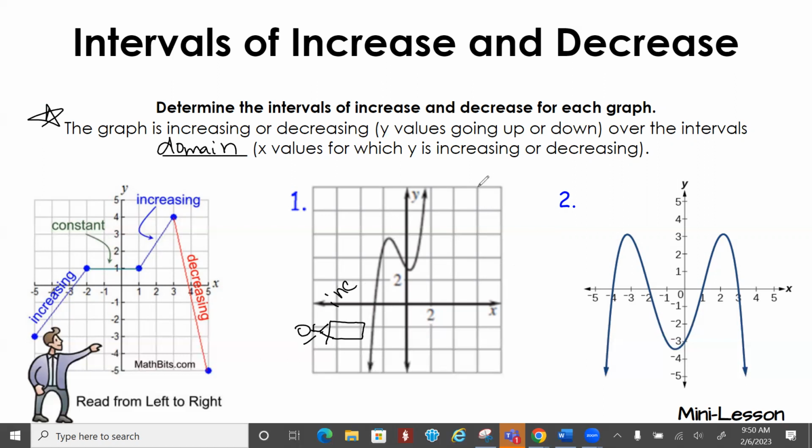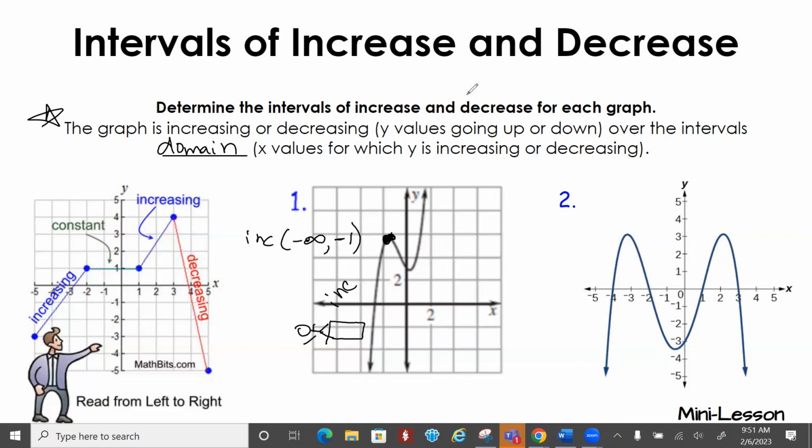So this would be increasing from negative infinity to what is our x value right here? Negative 1, because it's in between, right? So let's say to -1.